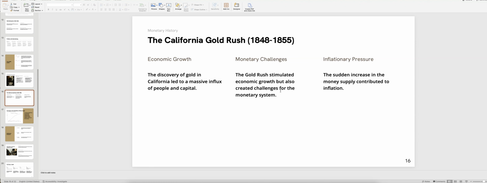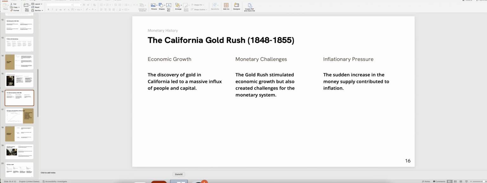But because we had this bimetallic standard where we did have gold within the system, it's also going to affect the currency. It's going to stimulate a great deal of growth, but the problem with the gold rush was the rush part of it. What that meant is that the money supply dramatically increased, and as the money supply dramatically increased, we did see a great deal of inflation.